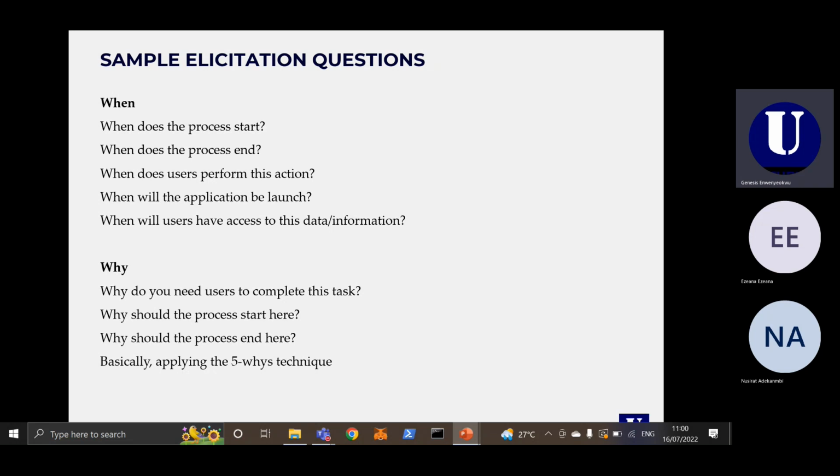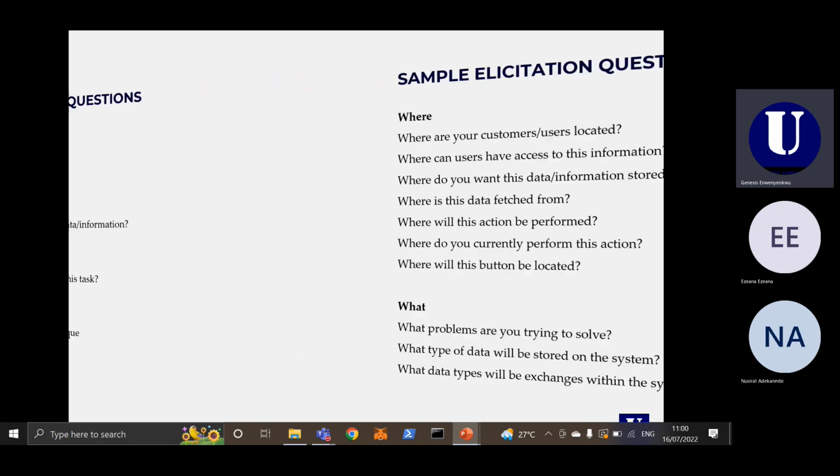Or why do you think this solution will help you to cut cost? They give you an answer. You ask them again, why, based on what they've given you. Get another why for them. In that way, you are driving the customer to the point of realizing what the goal should be for them. Do you understand? So let's go to other sample questions.